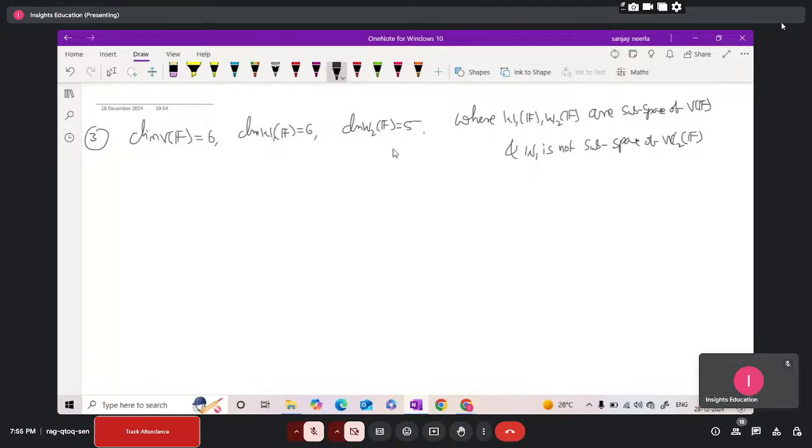Now the question is: find the dimension of W1 plus W2. Options are A 4, B 5, C 6 and D 9. Which one is the correct answer? Can you find?